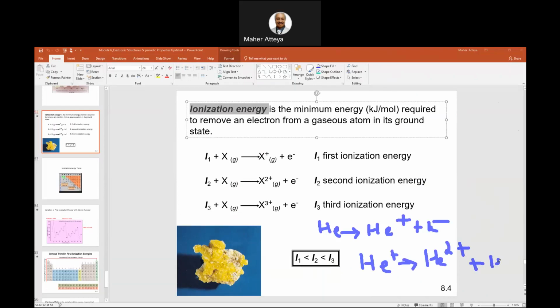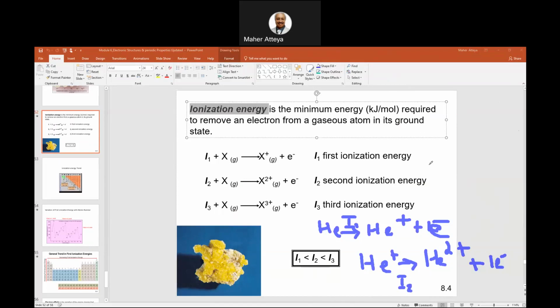So guys, this is one electron. So this is I1. This is I2. Which one is higher? I1 or I2? First ionization energy or the second one?